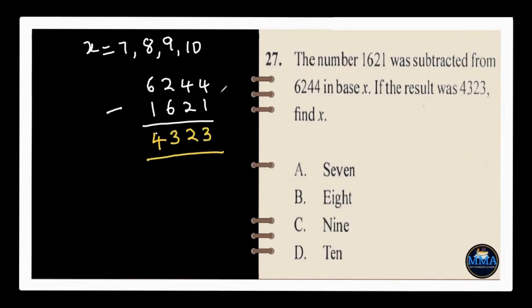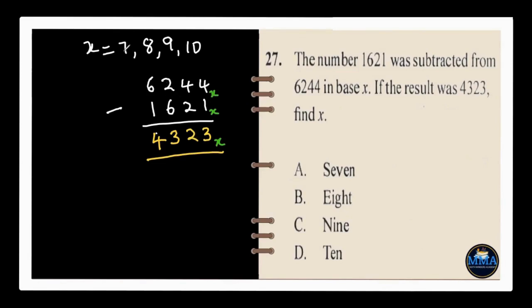So now, let's not forget that this is in base S, this is equally in base S, and then this result here is also in base S. Now, 4 minus 1 is 3, correct? 4 minus 2 is 2, correct?